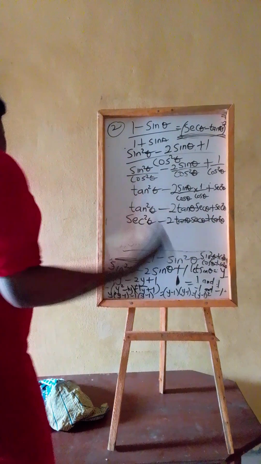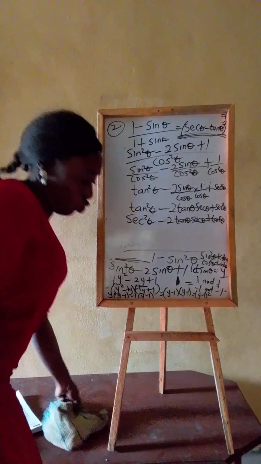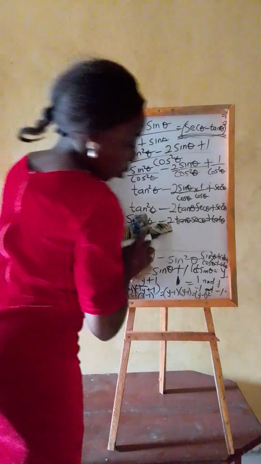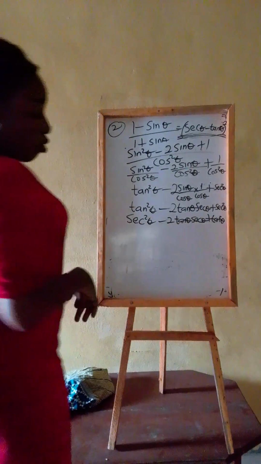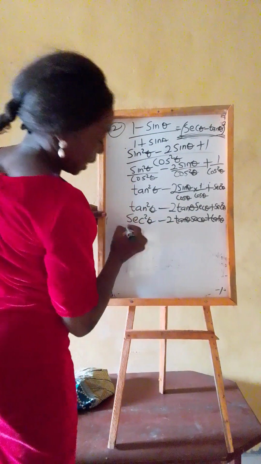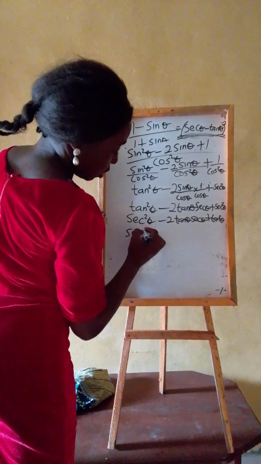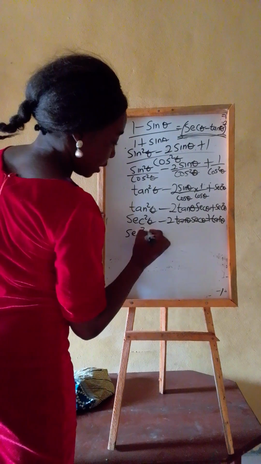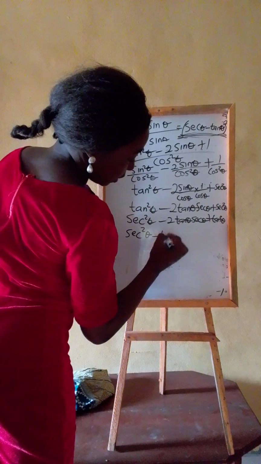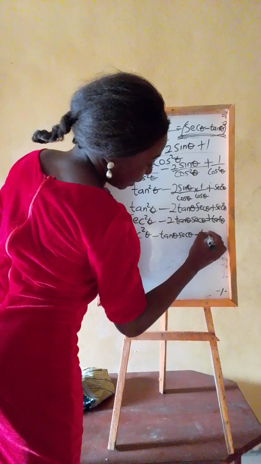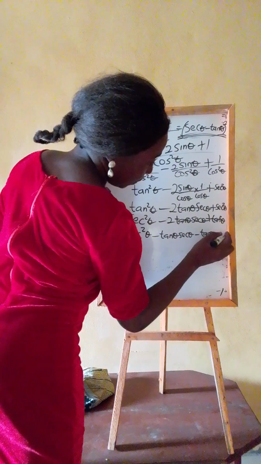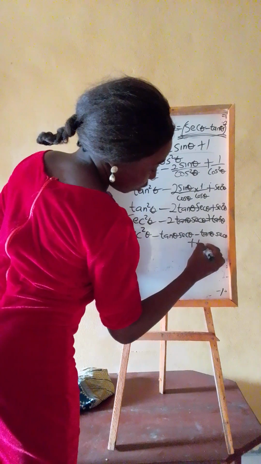So this is still forming a quadratic expression, I'm just taking it another way. So this is like sec squared theta minus tan theta sec theta minus tan theta sec theta plus tan squared theta.